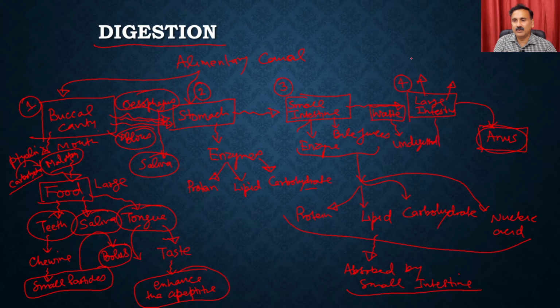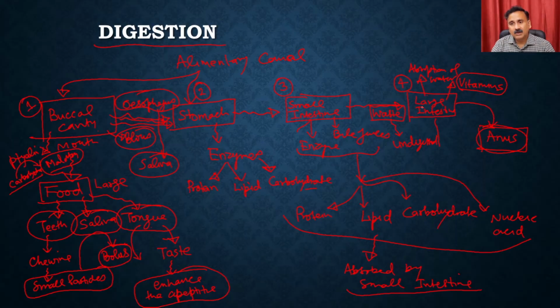You are going to have the absorption of the water, right? Because in this undigested food you are going to have a large quantity of water, right? So, that water has to be absorbed, and apart from that some very small quantity of vitamins are also going to be absorbed.